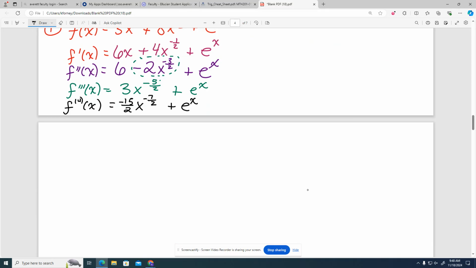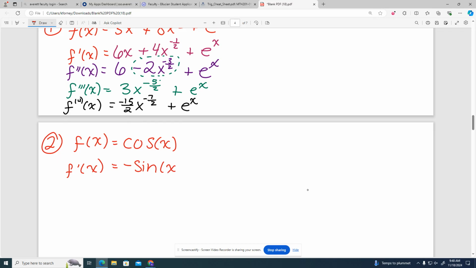So let's look at the second example. If f of x is cosine x, what is the derivative of cosine? Negative sine. All right, so now the second derivative. What is the derivative of negative sine?